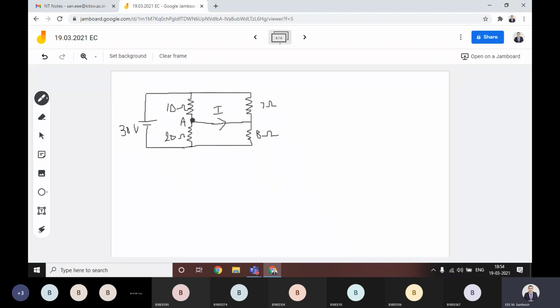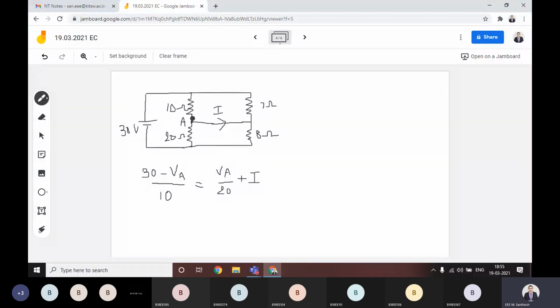Then if you write the KCL at this point A, that will be 30 minus VA by 10, which is equal to VA by 20, plus I. We don't know this I value. Okay, I hope you are getting.